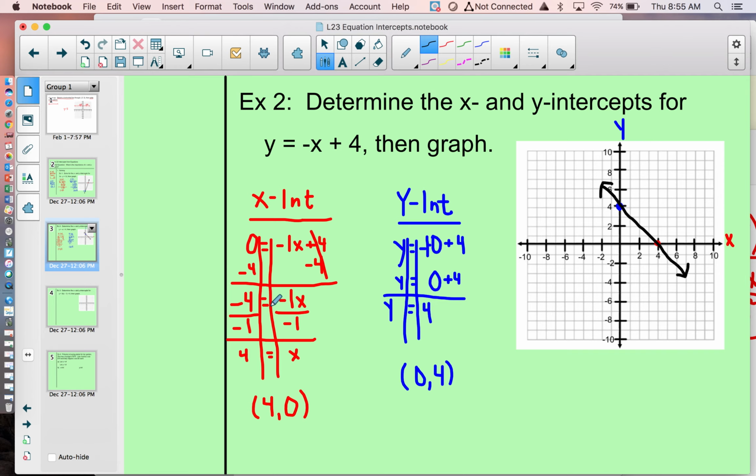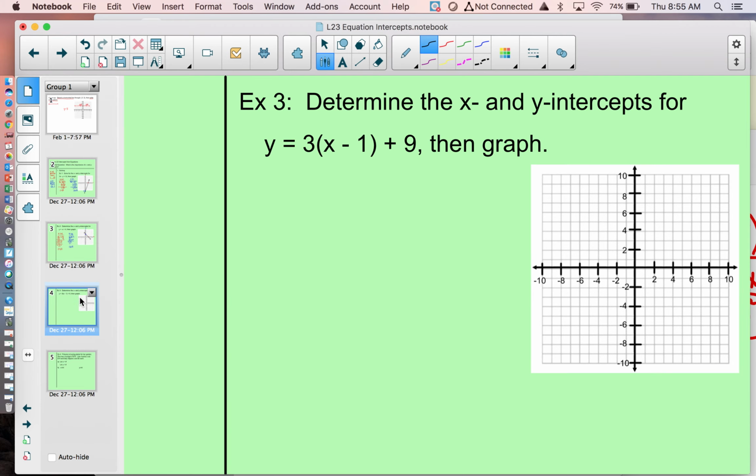Okay. Now the last one of these, finding x and y intercepts, you have it in even a slightly different form of an equation, right? But it's still the same process. You're still finding the x-intercept and the y-intercept and graphing it. So, okay, fine.